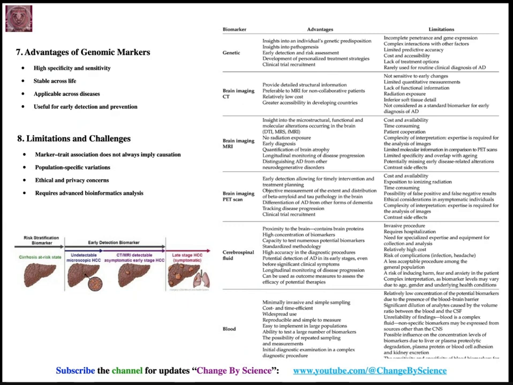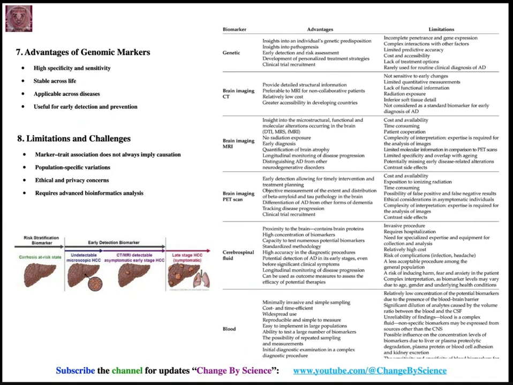All types of biomarkers could be analyzed in terms of advantages and limitations, which I have presented here. You can also view it by reviewing the video again and again for this slide specifically.